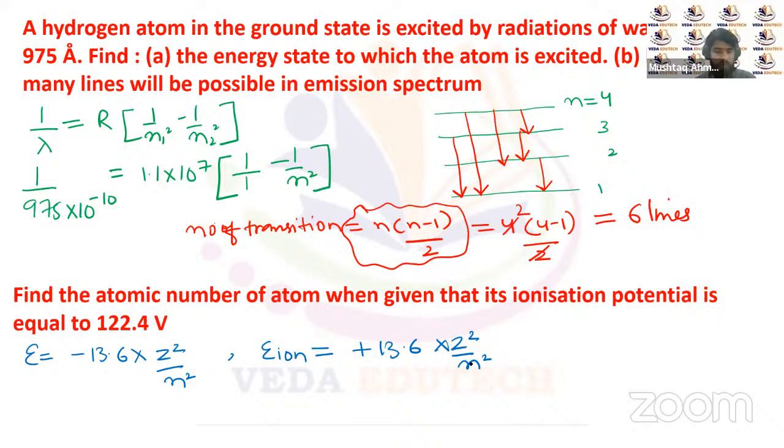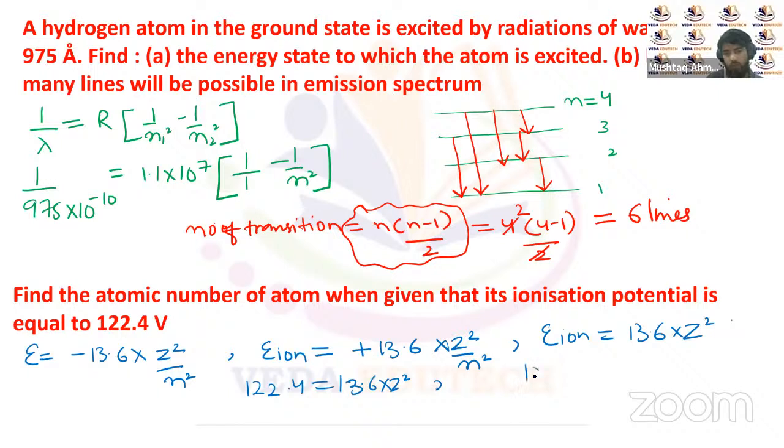Let's suppose we're finding this ionization energy from the ground state, so the n value will be equal to 1. So the ionization energy will be directly 13.6 multiplied by Z square. Now it's given equal to 122.4, so we substitute the value: 122.4 is equal to 13.6 multiplied by Z square.